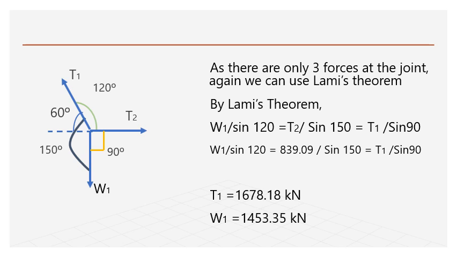T2 is the known force here, that is 839.09. We have got the same answer: T1 as 1678.18 and W1 as 1453.35. So if there are only three forces at the joint, we can solve using Lami's theorem also. But if there are more than three forces, then we have to apply the conditions of equilibrium.